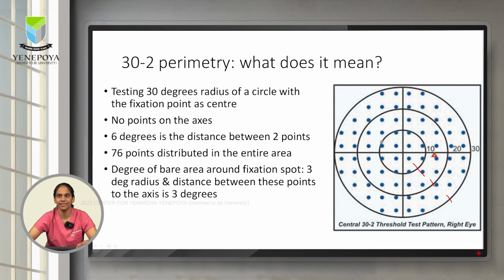Okay, and the distance between 2 points is 6 degrees. Okay, total of 76 points are there. Just note the central 4 points, right? The distance between each of these points and the axis is actually 3 degrees. This area where there are no points, this area is called the bare area.